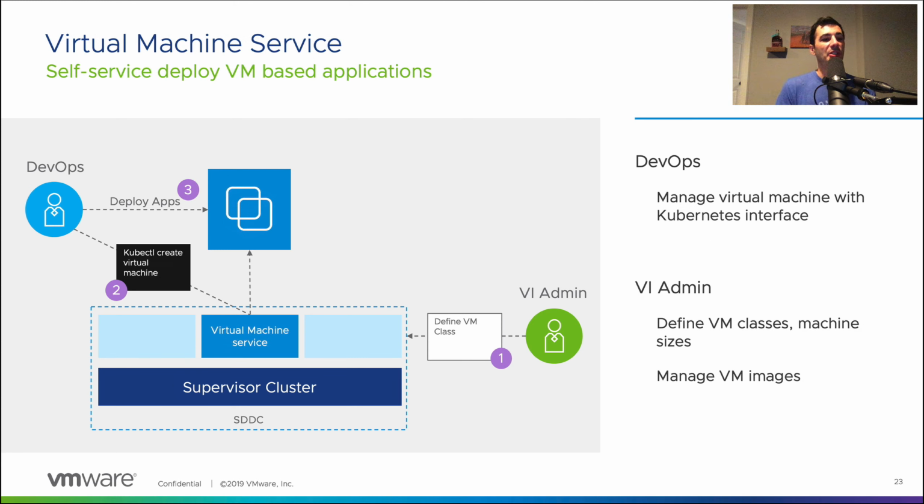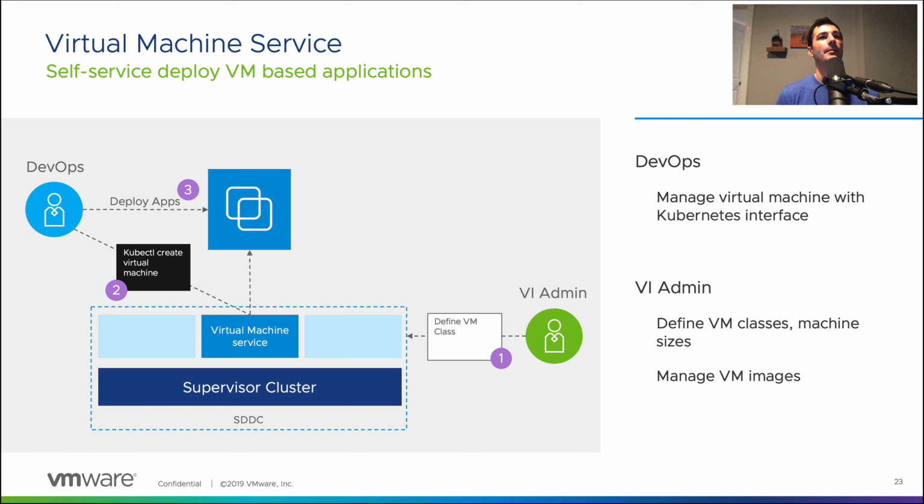Now you also have the virtual machine service. This is just as you could expect. It's deploying virtual machines. However, the neat thing about this is that we take this concept and we apply the same thing we've done to Kubernetes, to Tanzu Kubernetes grid clusters, to vSphere pods, and now we're applying it to virtual machines. So as a DevOps person or a developer persona, if I want access to a virtual machine and I want to act like it's infrastructure as a service, I can do that, right?